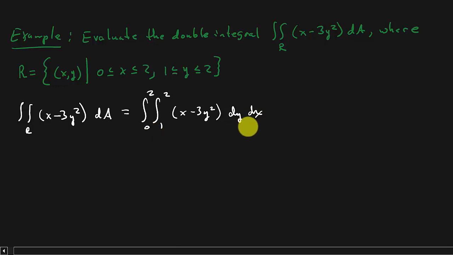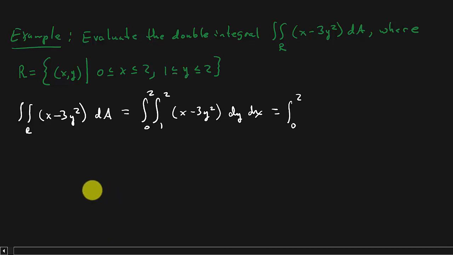All right. So let's see what we get here. So that's going to be 0 to 2, and we're integrating with respect to y first. So think about this. If you just had a 5 and you were integrating with respect to y, what would that be? That would just be 5y, right?